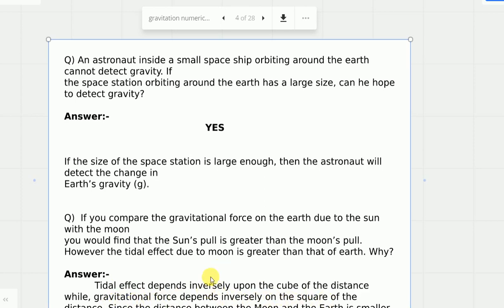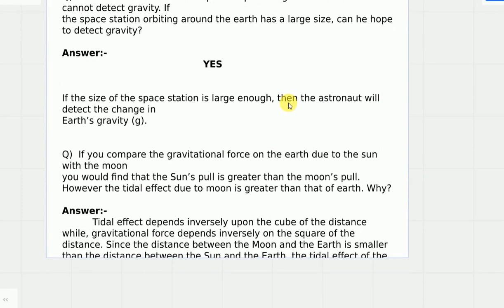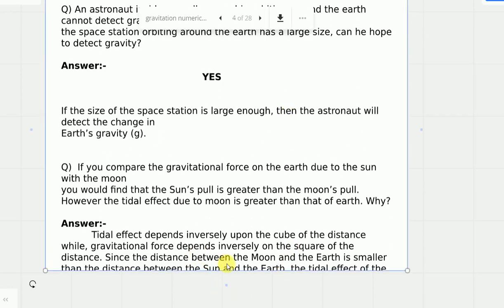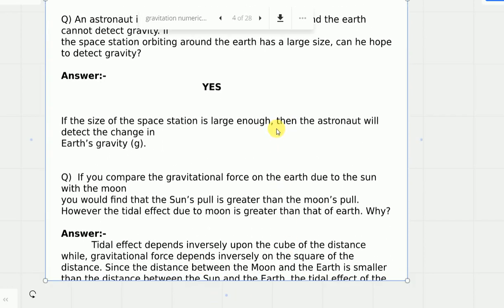The Earth-Sun distance is very large compared to the distance from Earth to Moon, and since tidal effect goes as 1 over r cube, the tidal effect due to the Moon is greater.